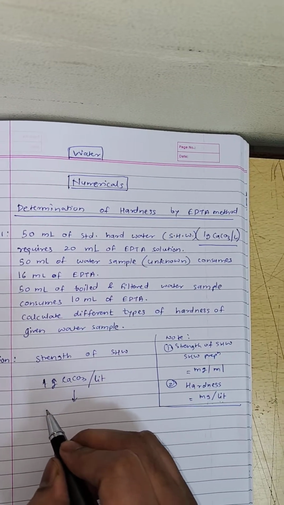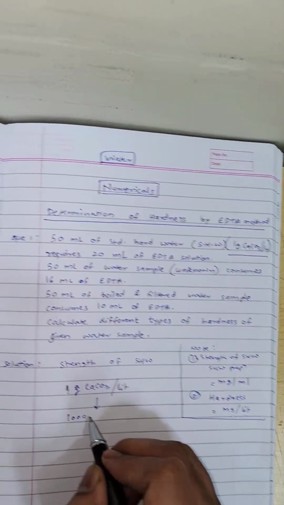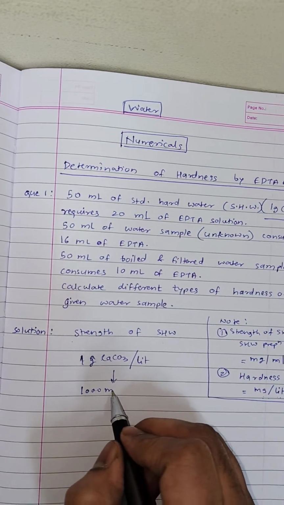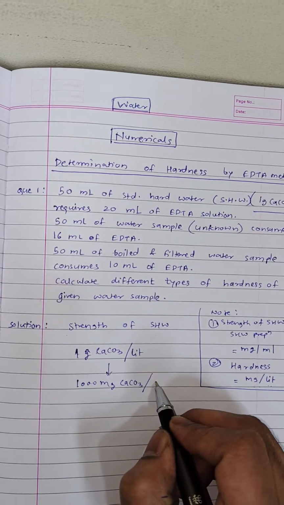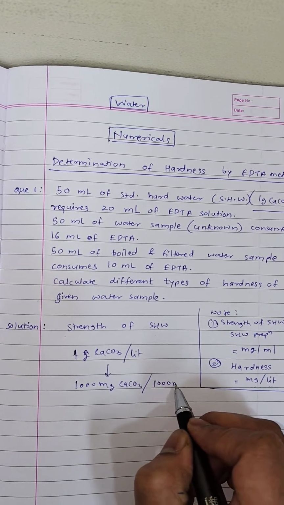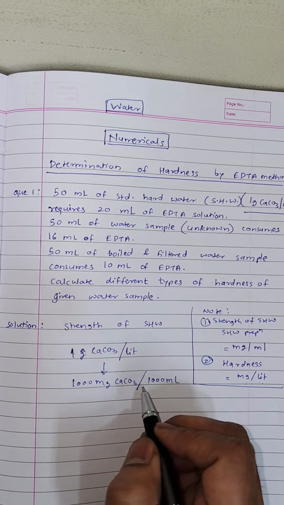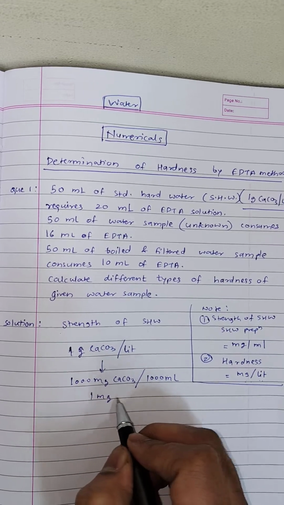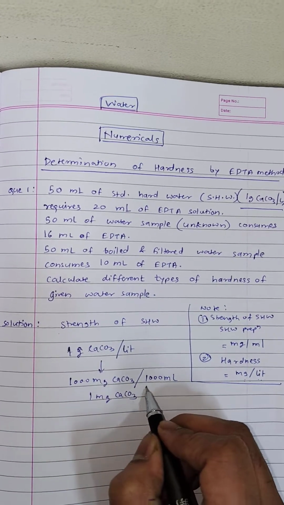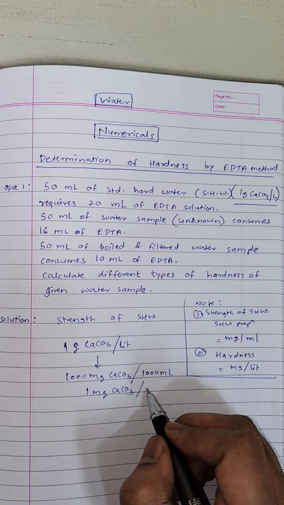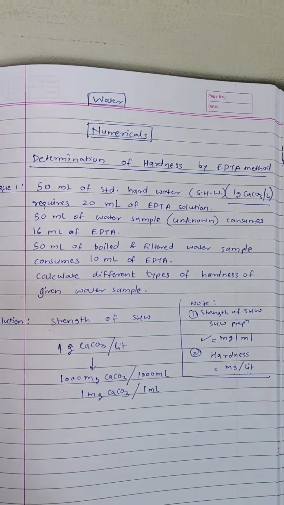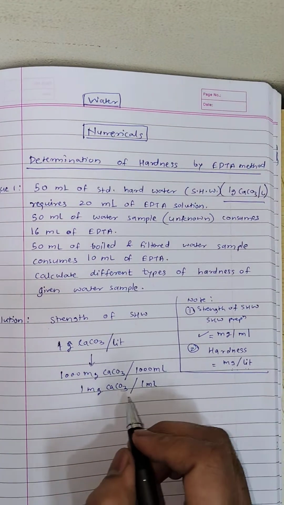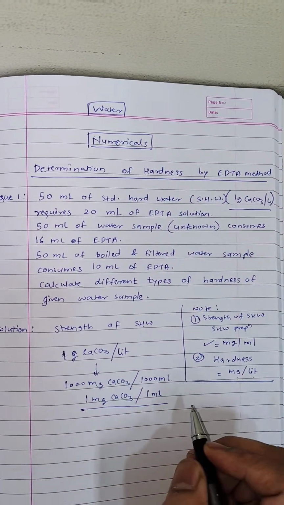So it is nothing but 1000 milligram of CaCO3 per 1 liter, which means 1000 ml. So 1000 will get cancelled, and it is nothing but 1 milligram of CaCO3 per 1 ml. As I discussed, the strength of the SHW should be in milligram per ml, so it is as per the rule.